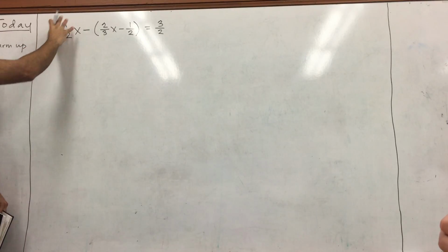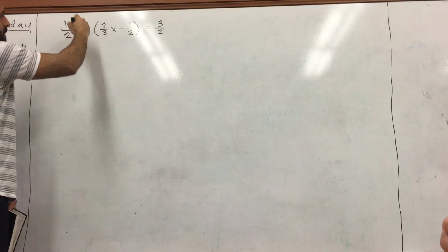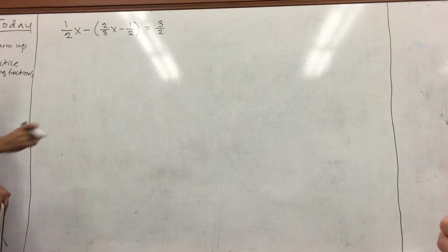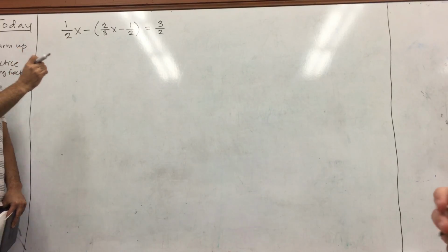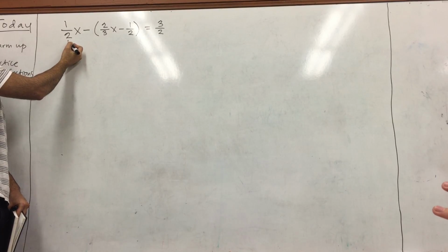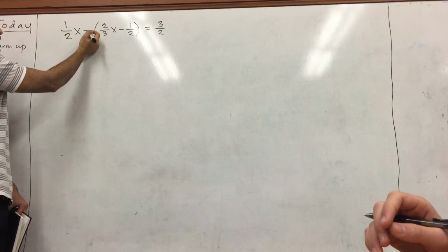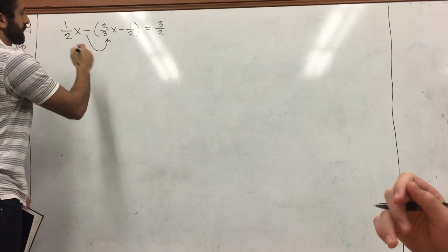Then this term is negative, right? You draw the line, and where does the line start? Right here, on the right side of the negative. Okay? What are we doing here that I had you guys do on your quizzes you made for me?